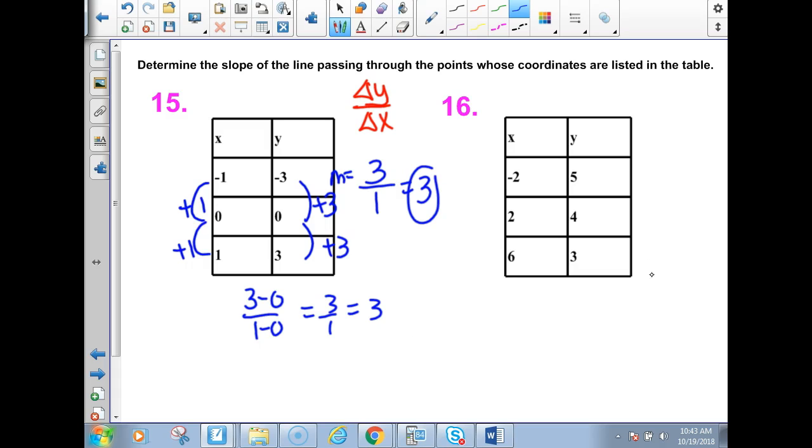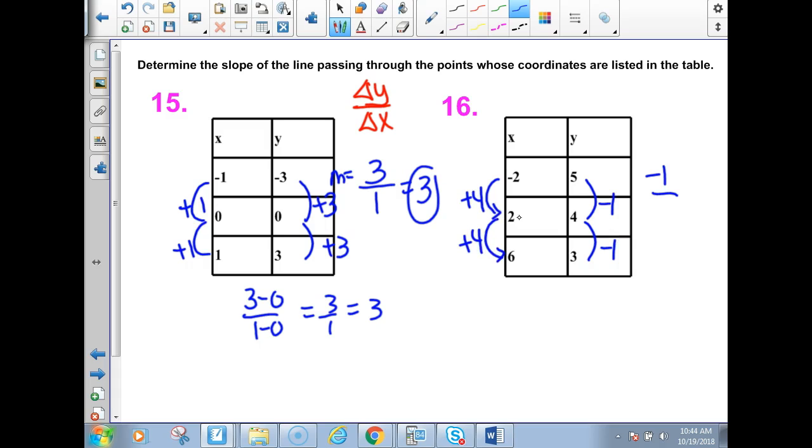If you choose to do it by the formula, I think it's easier just to look at what's happening. If you go from 5 to 4, are you going up or down? So that's down 1. This is down 1, so the top number is negative 1. And how are these moving, though? Maybe you don't see that from negative 2 to 2 is adding on 4, but at least you got it there.